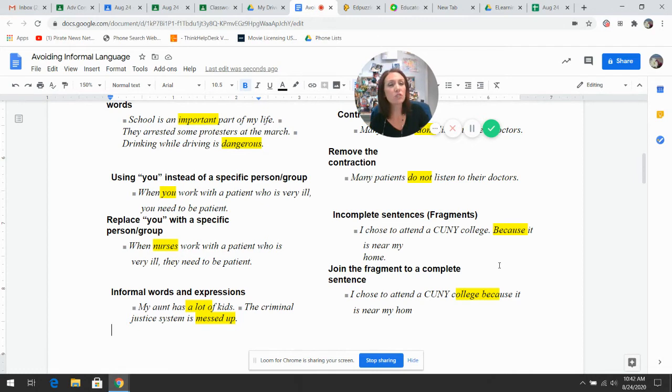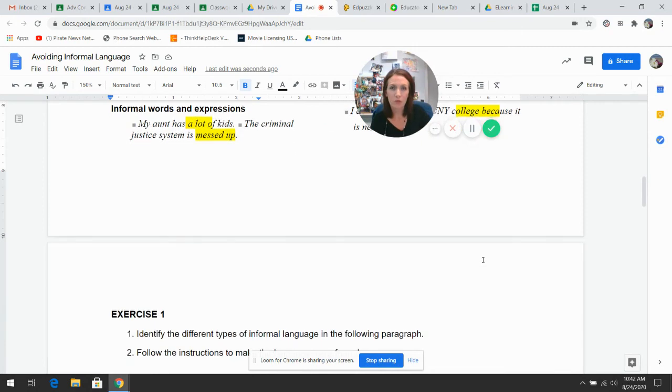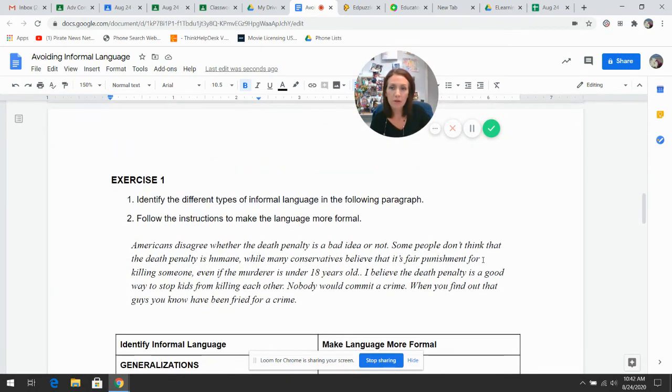Let me just read you what you might feel like as you wrote was professional and hit the pocket of academic writing, but now that we know all this stuff, it might seem like we could do a better job. So the paragraph here, I'm going to read it to you. "Americans disagree whether the death penalty is a bad idea or not.